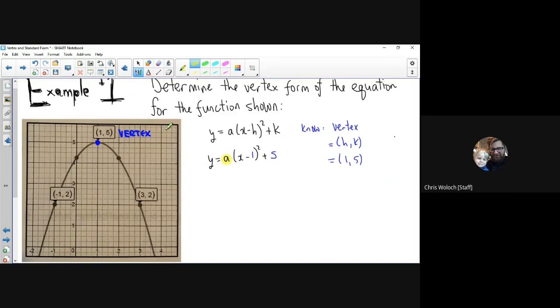Unfortunately, we can't plug in directly because no one coordinate on the graph will give me the a value, okay?